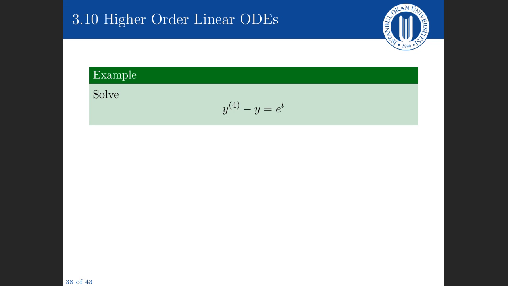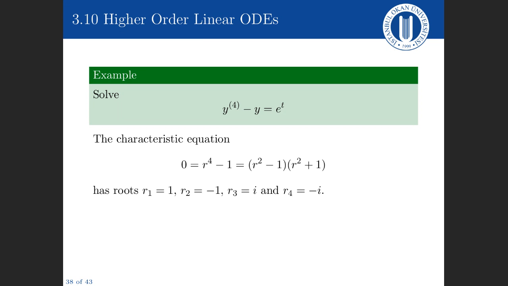We might also solve a non-homogeneous fourth order linear equation. Solve the fourth derivative of y minus y is equal to e to the power t. We start by finding the general solution of the homogeneous equation by using the characteristic equation.